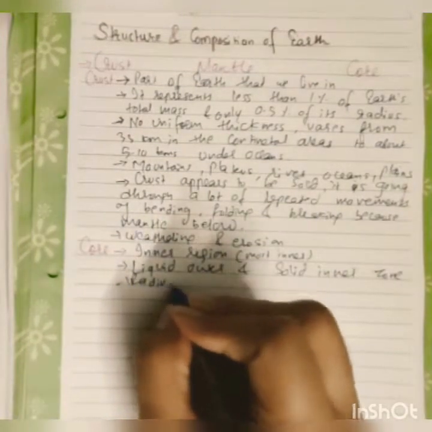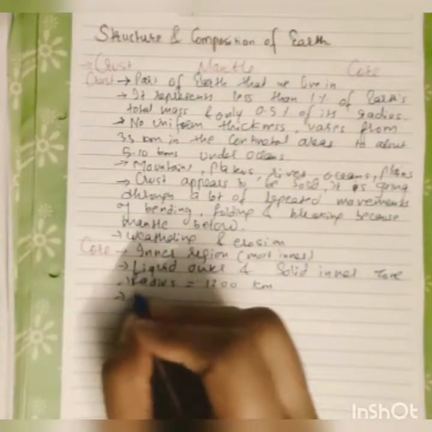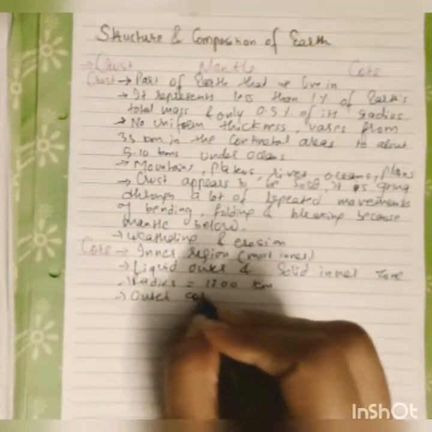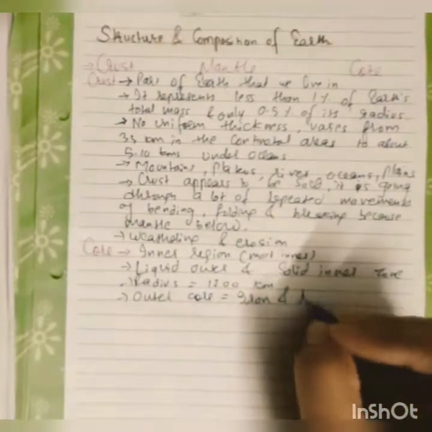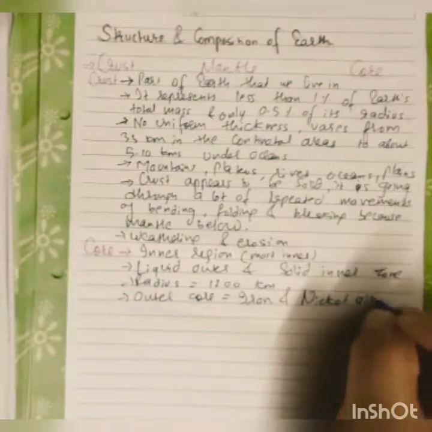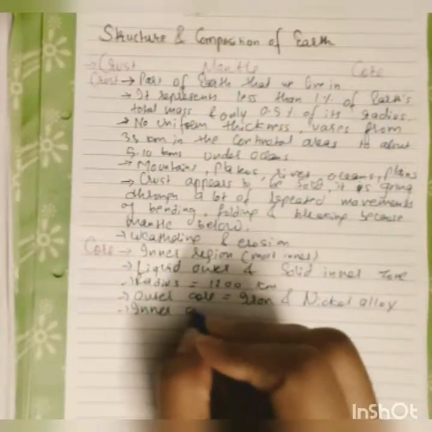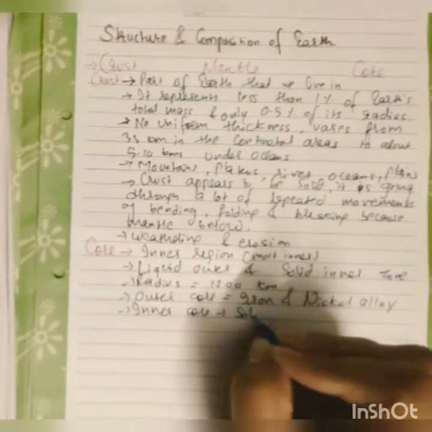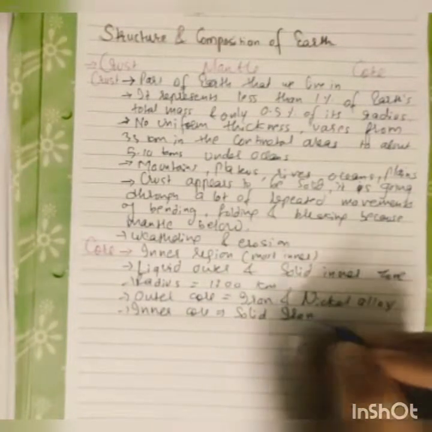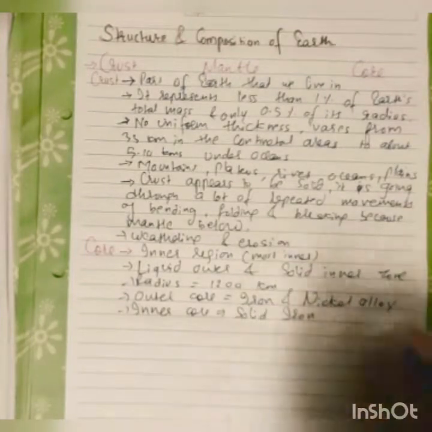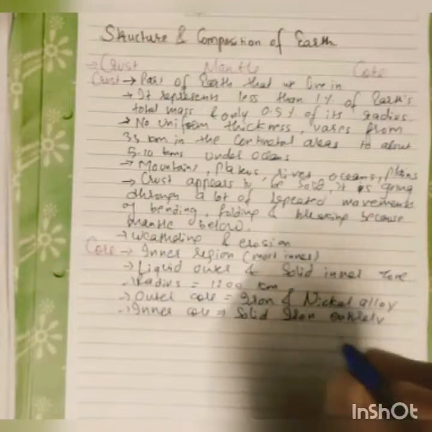Radius is 1200 kilometers. The outer core is made up of iron and nickel alloy, while the inner core is solid iron. Okay, the inner core is made up of solid iron entirely. You have to understand that.